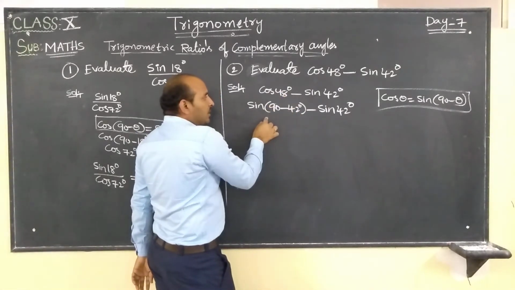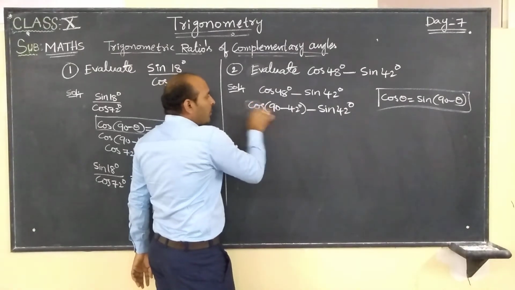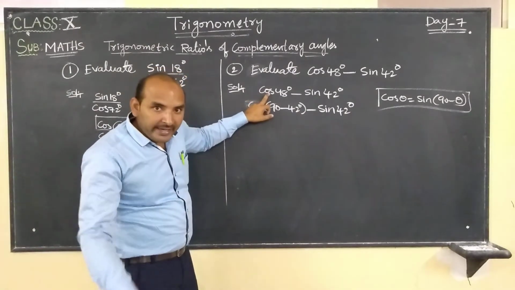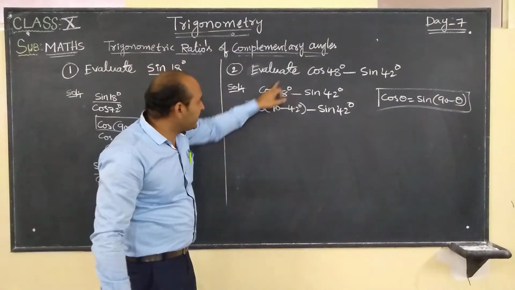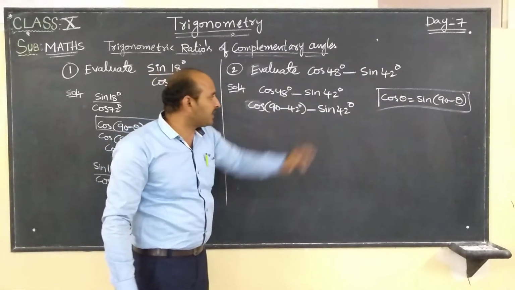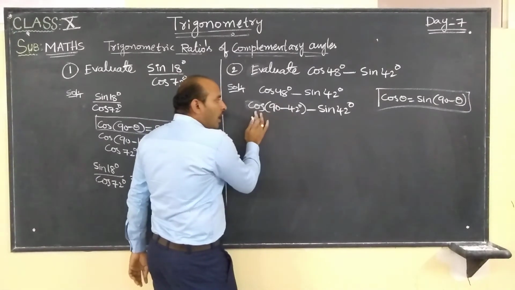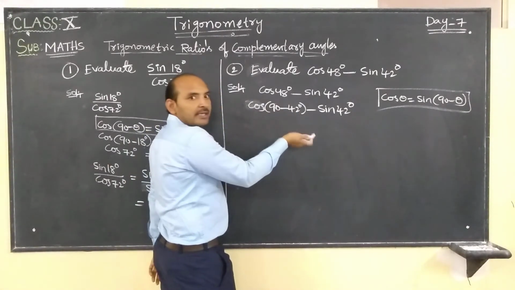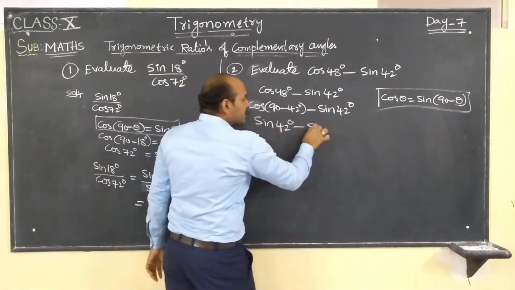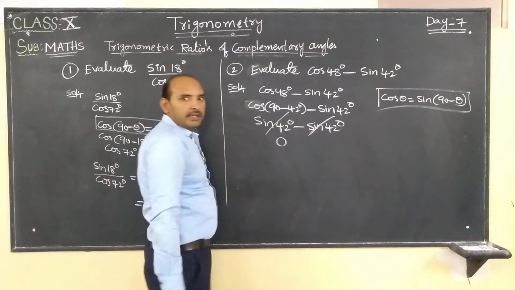We write cos 48 degrees as cos of 90 minus 42 degrees, minus sin 42 degrees. Now cos of 90 minus theta is nothing but sin theta. So sin 42 degrees minus sin 42 degrees cancel, and you get the answer 0.